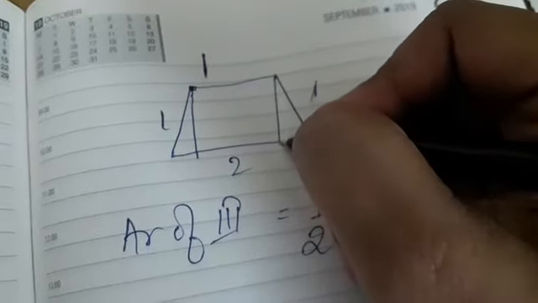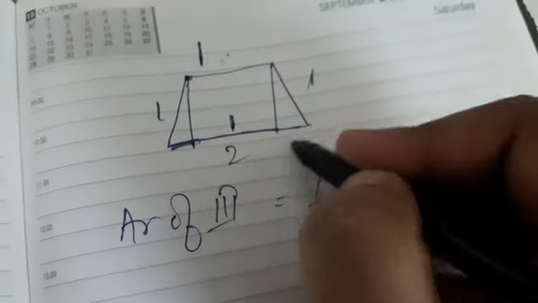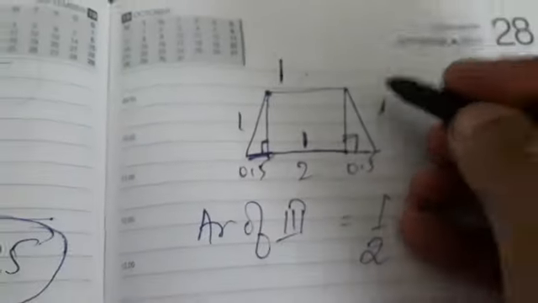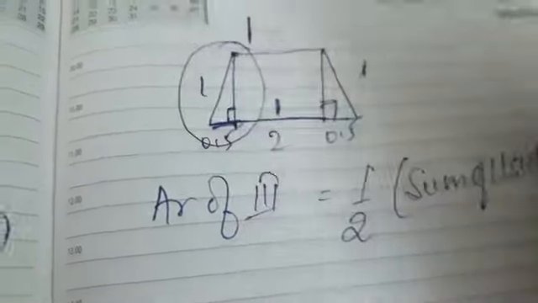Now we don't know the height here, so let us draw this and this part. As you can see, if this is 1, this length will also be 1. Now the remaining part will be 0.5 and 0.5. This is 90 degree because we are dropping an altitude, dropping a height. So therefore, to find the height, we will use the Pythagoras theorem here.